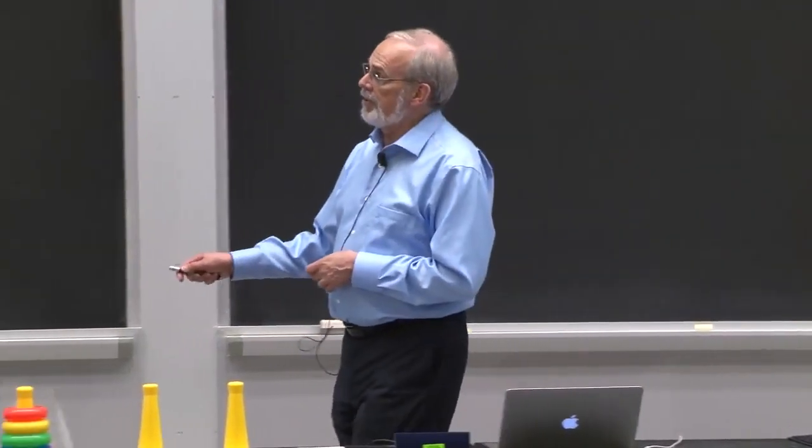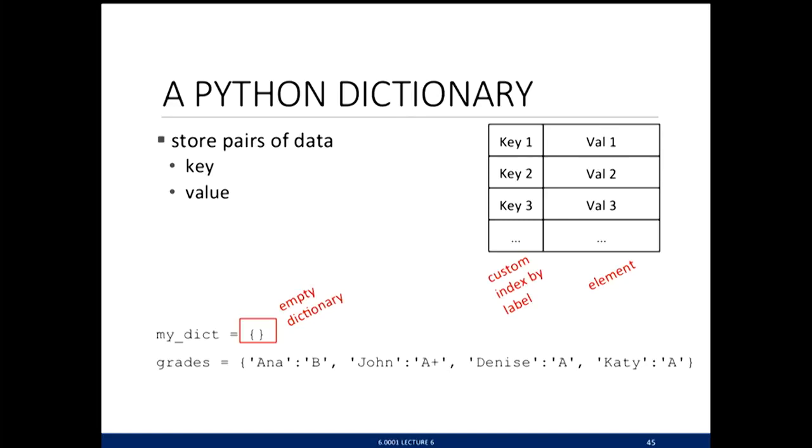First of all, to create a dictionary, I use curly braces, open, close curly brace. So an empty dictionary would be simply that. If I want to create an actual dictionary before I insert things into it, I use a little bit of a funky notation. It is a key or a label, a colon, and then a value.